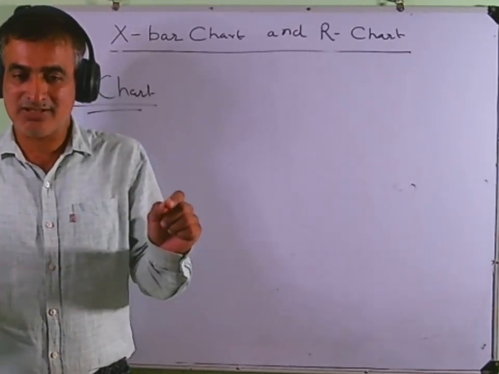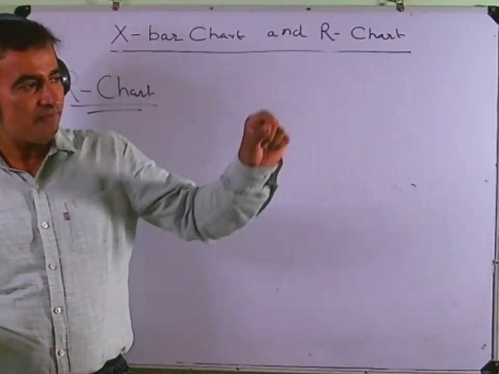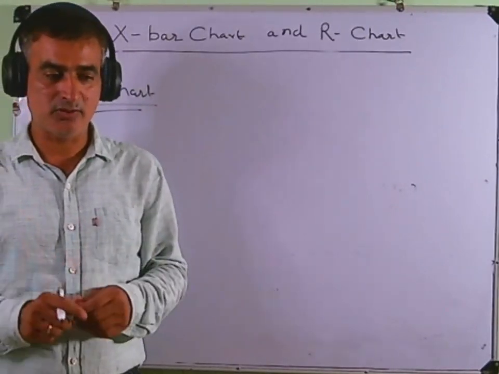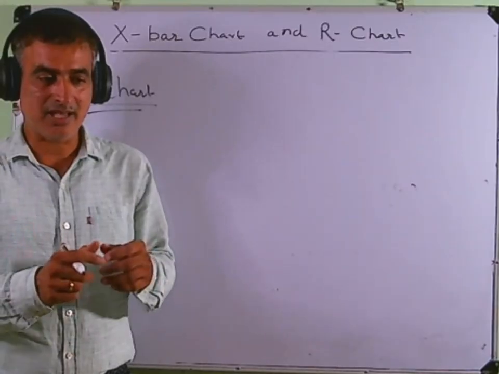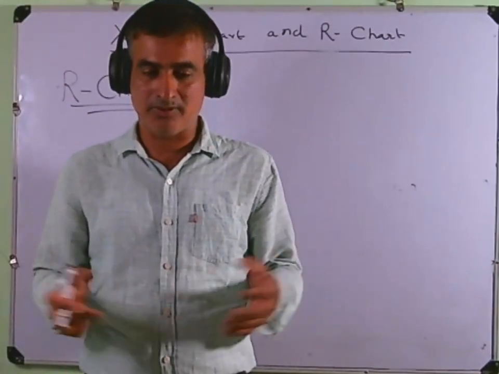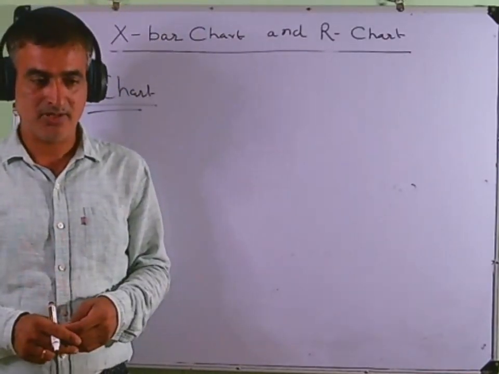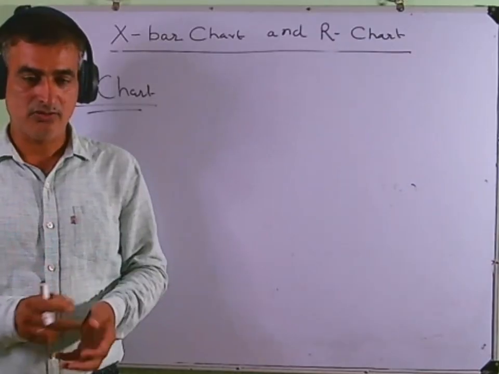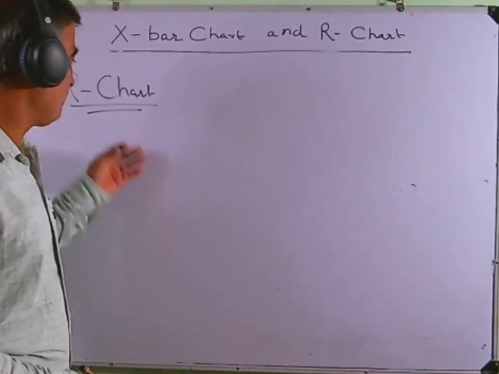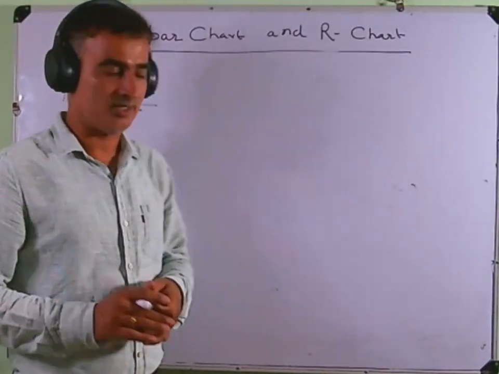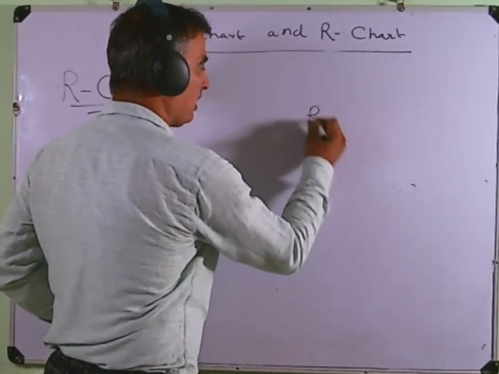What is assumed is that the range of each sample is normally distributed, and that they follow simple random sampling. I mean, they are random variables, and they have their own mean and standard deviation. So first of all, we will be calculating the mean of those ranges, and that mean is called R bar.